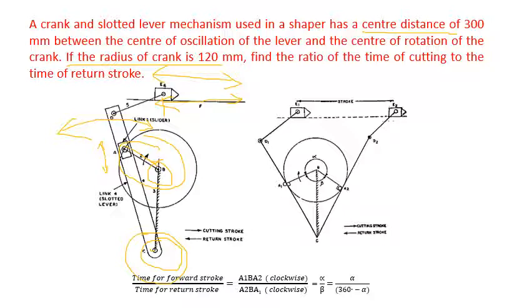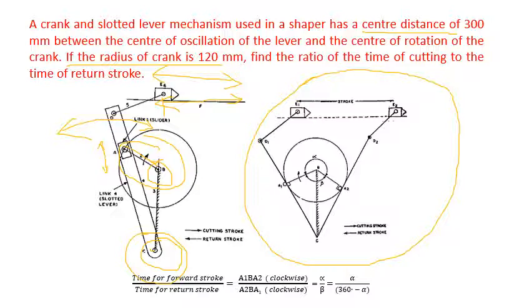I will consider the second diagram, which represents the first position and the second position. In the first position, the mechanism is in C A1 D1 and the RAM is in E1 position.